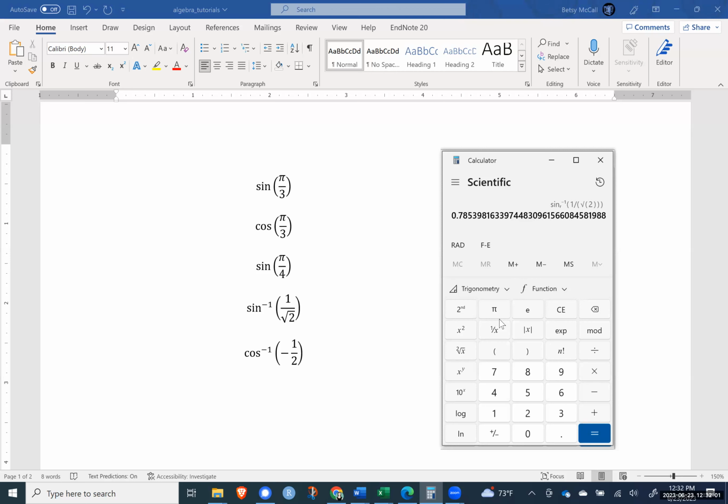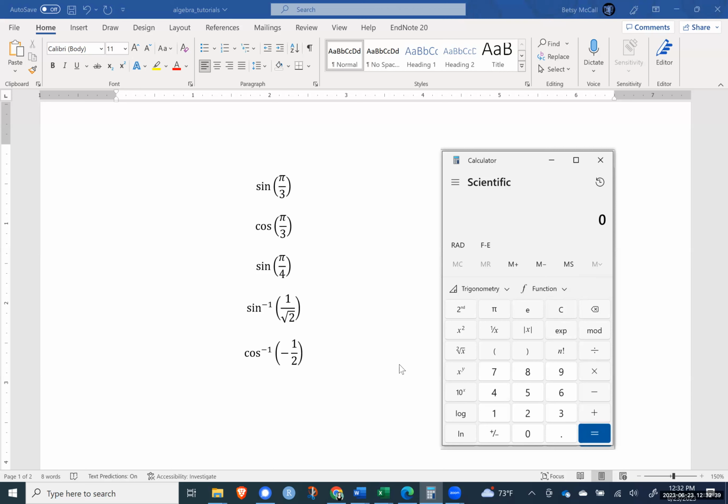Again, every calculator is a little bit different, and so the exact sequence that you have to use to enter these things may differ from problem to problem. But you end up with something like this, 0.78. Now, what is that relative to pi? Well, here's the trick. Divide this result by pi, and you get 0.25. 0.25 is 1/4. So that means your answer is pi over 4, because it's 1/4 pi.